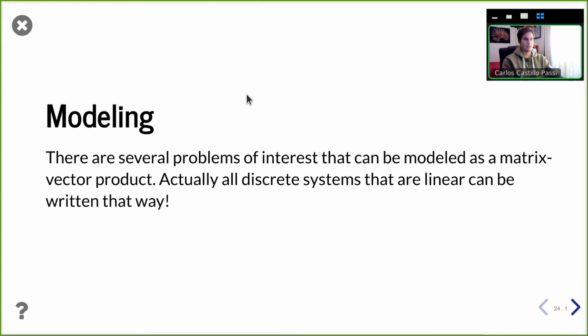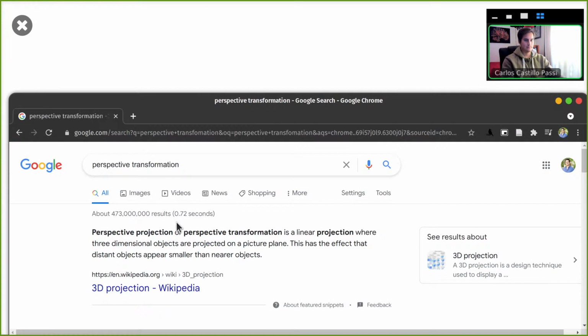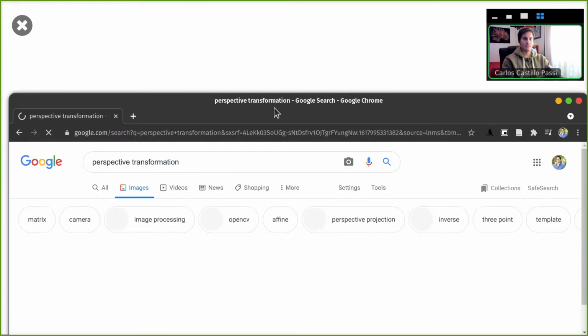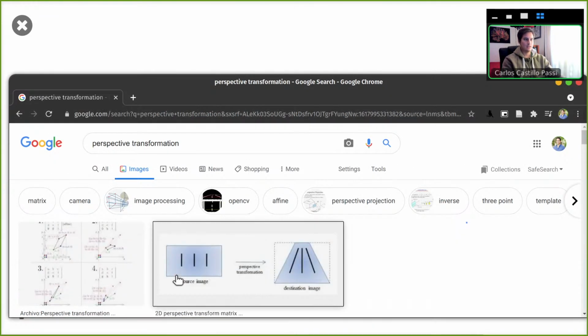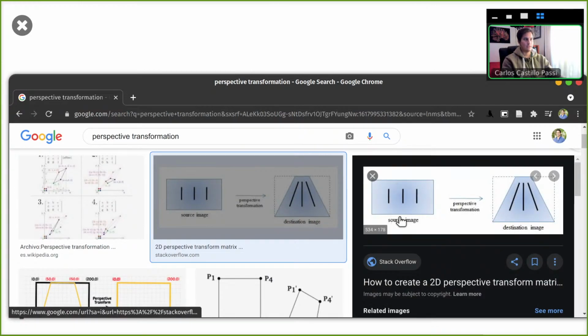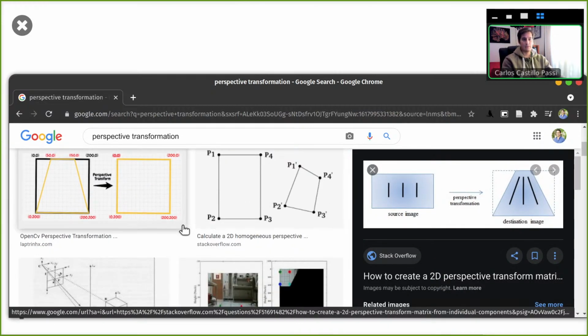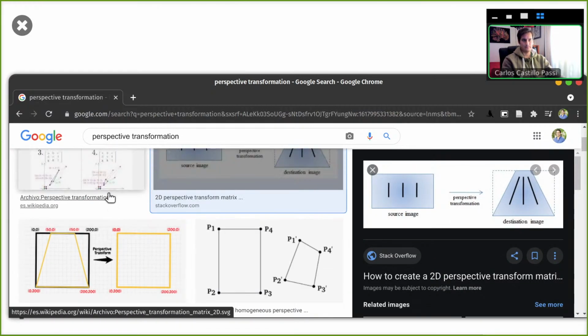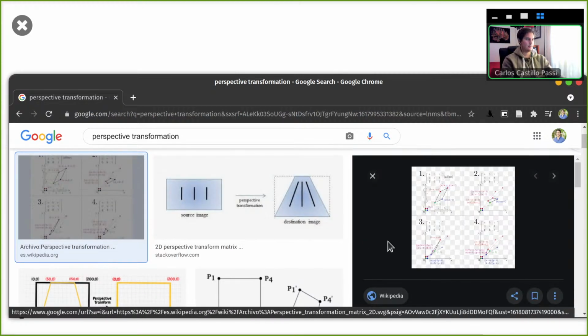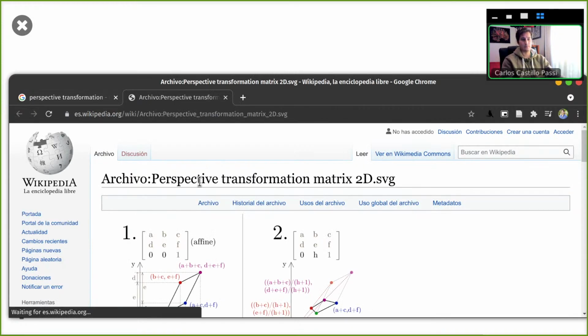This will be a little bit counterintuitive, but if you see, for example, this. You have a source image, you do a transformation, and you get this. At first you could think that this is a linear transformation, but in fact it is not. The reason why is because you need an additional component.